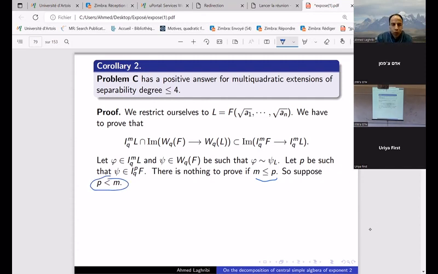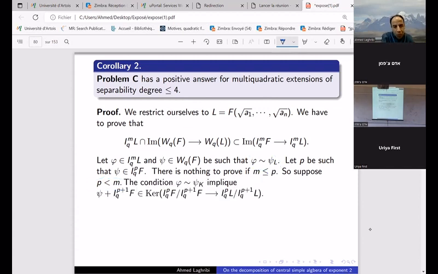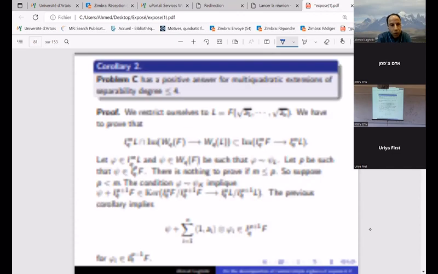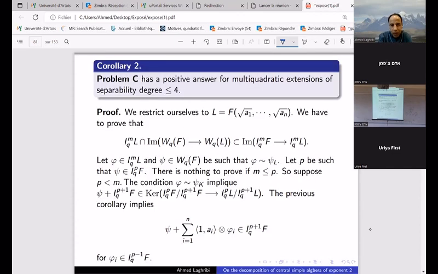Okay. So now, if you take this Witt equivalence, this condition implies that this class belongs to this graded kernel. Okay, so now we apply the previous corollary, and we get this relation. And here you see, we started with psi in IP, and now we corrected our psi by this form, and the degree decreased by 1. Okay, and we continue.